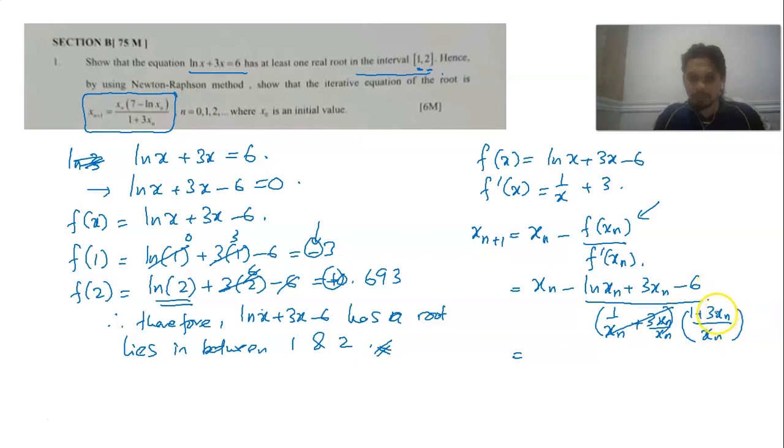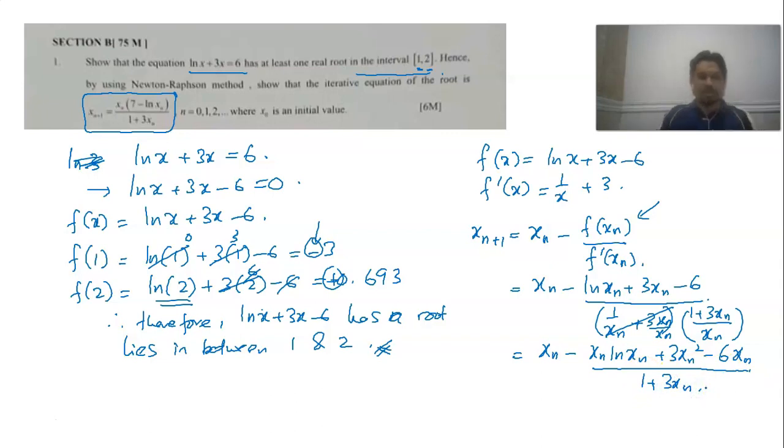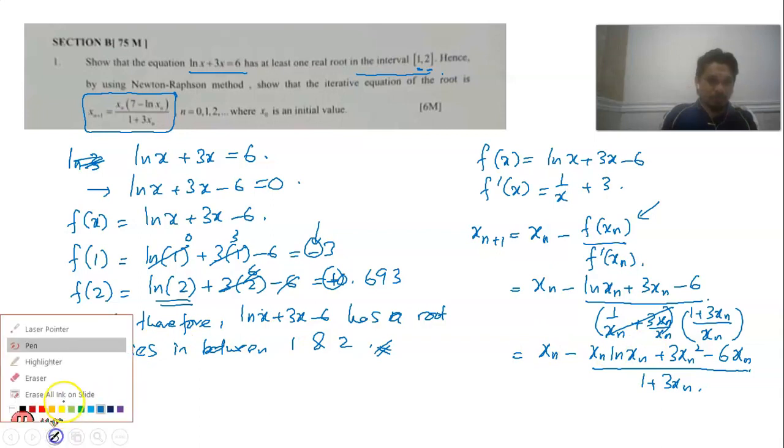Bringing this up, it gives you xn minus xn natural log of xn plus 3xn squared minus 6xn, and everything divided by 1 plus 3xn. Quite complicated to show this part here now.